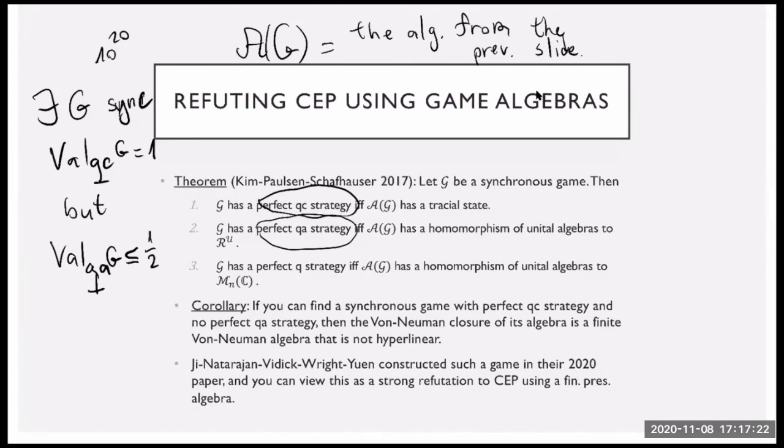Yeah, there is another point. Nati, that's a good question. If you know that your tracial state is faithful, it means that actually your original algebra can be embedded in the bounded operators of some Hilbert space, and its closure is not embedded in R^U. Okay, so you can have a finite presentation of an algebra such that the algebra itself is embedded in B(H), and its von Neumann closure is not embedded in the right way.